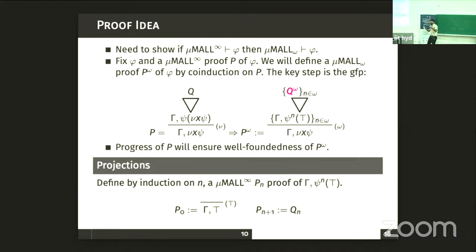We'll define it by co-induction on P. So basically the point is to do everything the same, just when you come to a greatest fixed point, do a different rule. But the problem is that you cannot immediately fire the co-induction hypothesis because the formulas are different, right?